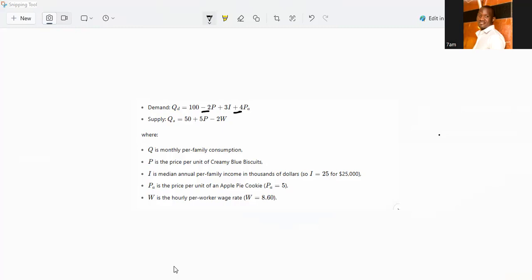So what is equilibrium? How do we calculate the equilibrium?